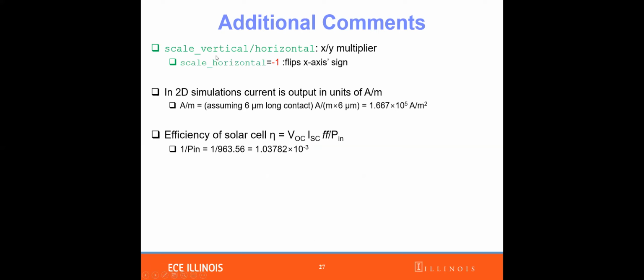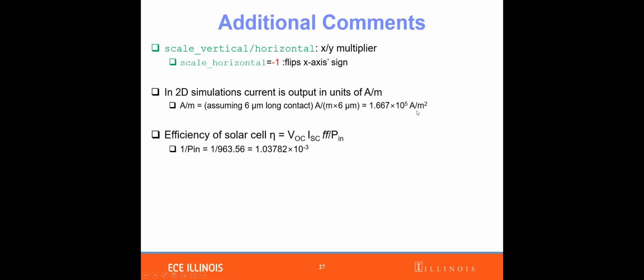The reason we are multiplying our horizontal scale by -1 is because we want to flip the x-axis sign. Typically, our x-axis is voltage, so we want to have positive voltage. And in 2D simulation, the current density is output in units of amp per meter.